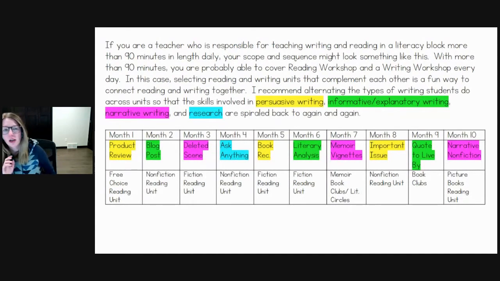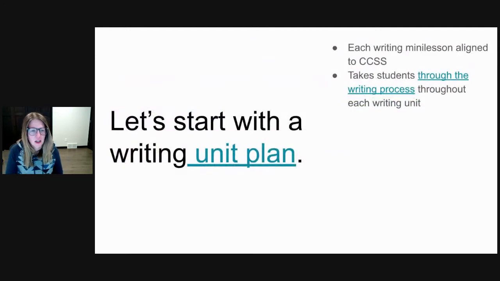And then last, if you are a teacher who is responsible for teaching reading and writing, but you have more than 90 minutes to teach them, I would recommend going for it and doing the whole year-long writing curriculum alongside those reading units. So let's start by looking at a writing unit plan and see what that looks like.